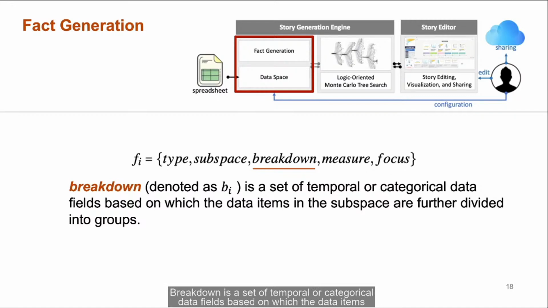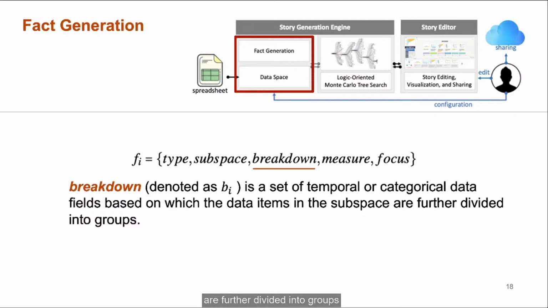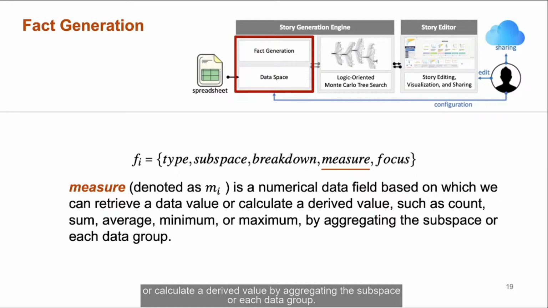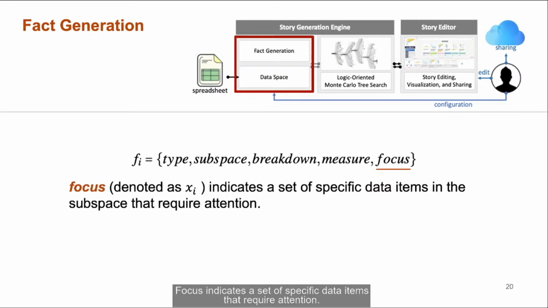Breakdown is a set of temporal or categorical data fields based on which the data items are further divided into groups. Measure is a numerical data field based on which we can retrieve a data value or calculate a derived value by aggregating the subspace or each data group. Focus indicates a set of specific data items that require attention.